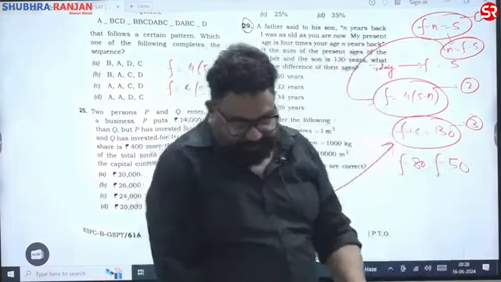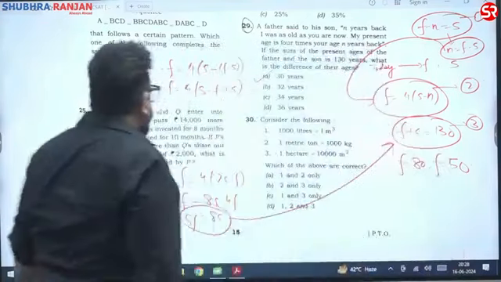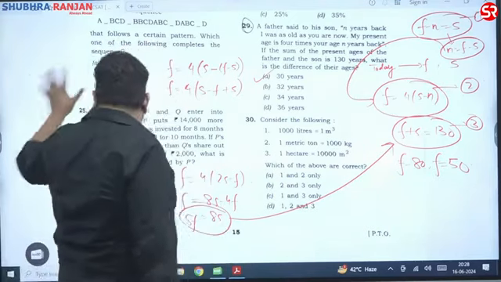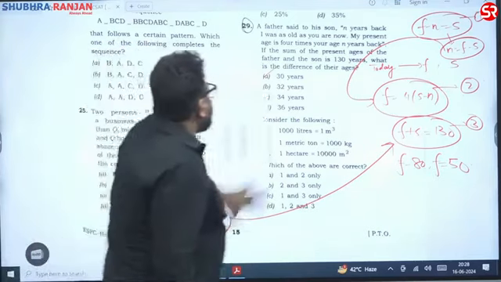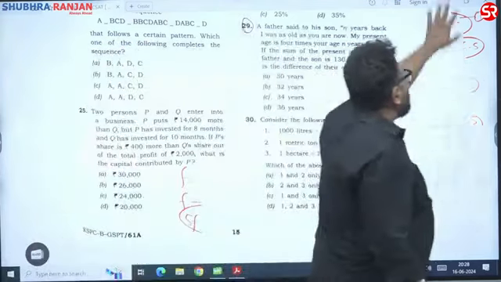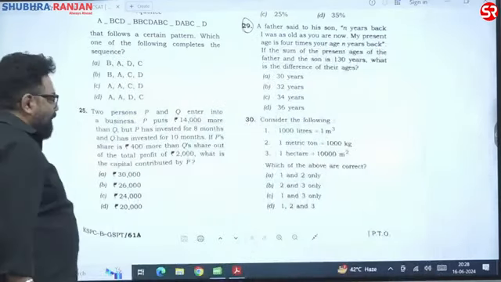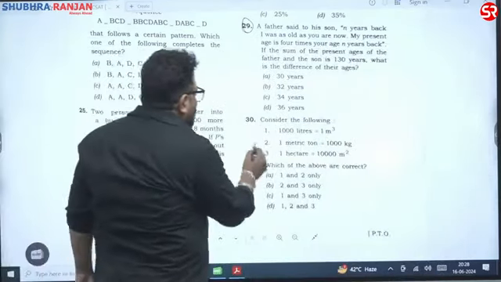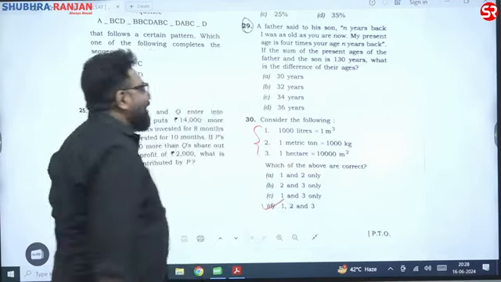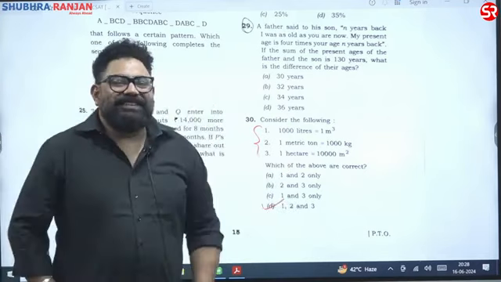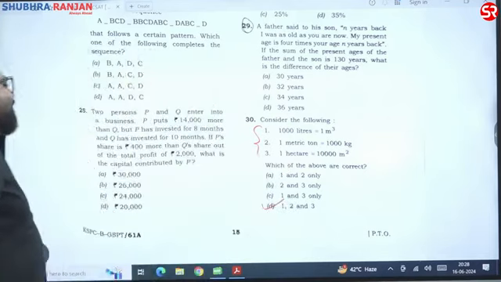Let's see the next. Shall I raise this? Yes. And yes, if you are a UPSC aspirant and you have done proper GS, so you know all 3 of these are true, right? 1 meter cube is equal to 1000 liters and 1 metric ton.